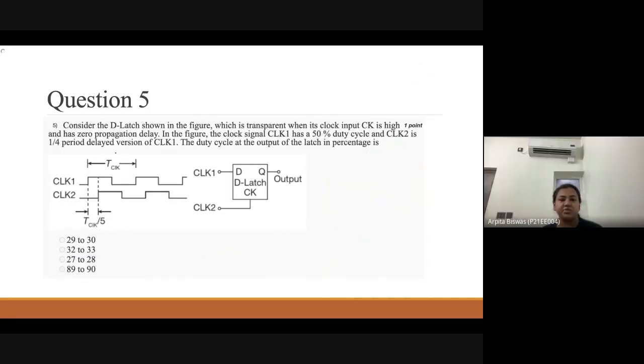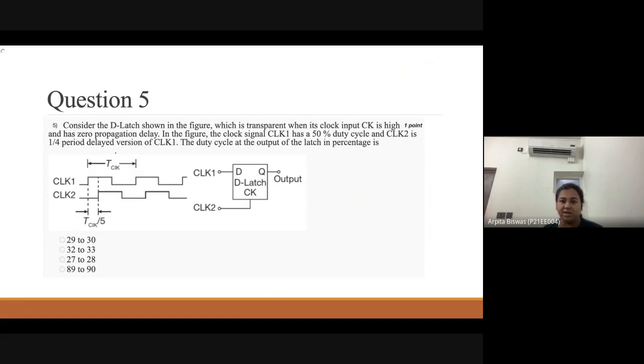So this is question number 5. Consider the D latch shown in the figure, which is transparent when its clock input CK is high and has zero propagation delay. The clock signal CLK1 has a 50% duty cycle and CLK2 is a one-fourth period delayed version of clock 1.